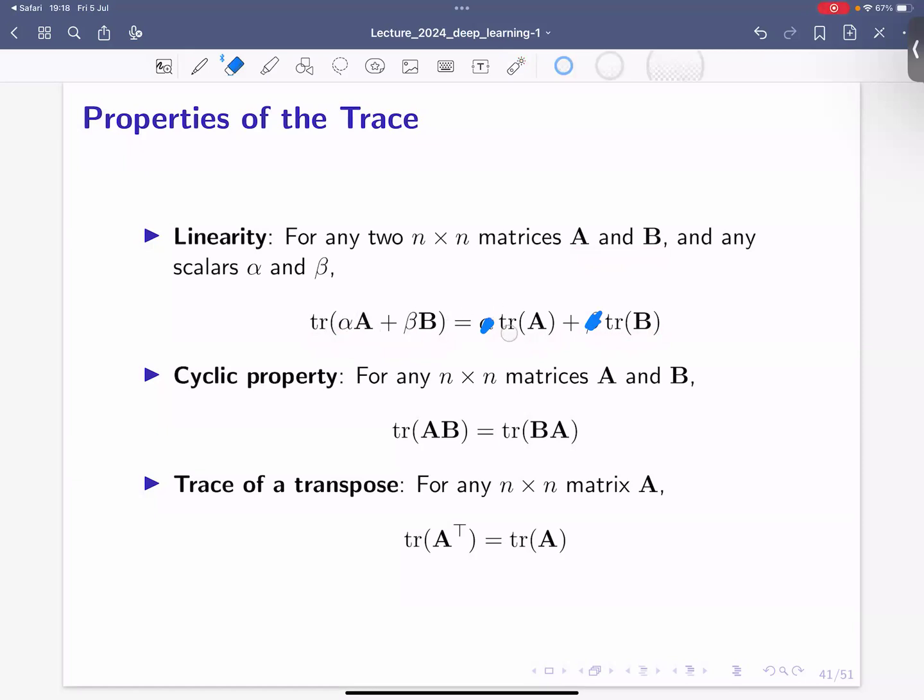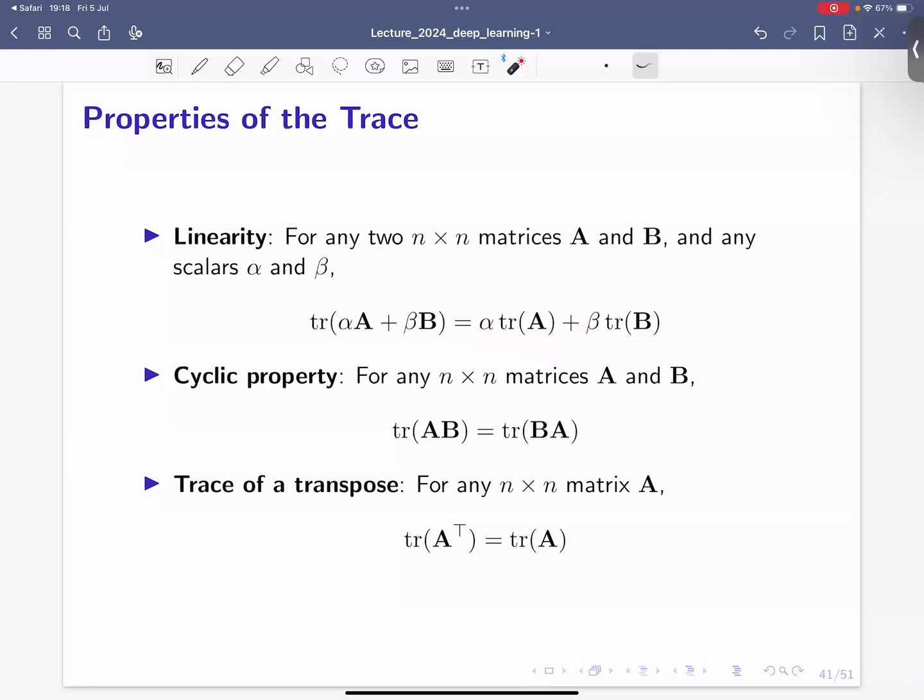And on top of that, you can add these scalars here. As I said, we have two scalars, and the scalars actually come outside of the trace. So you get alpha times trace of A plus beta times trace of B.